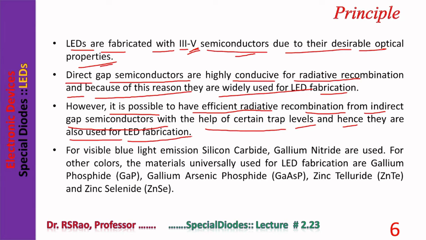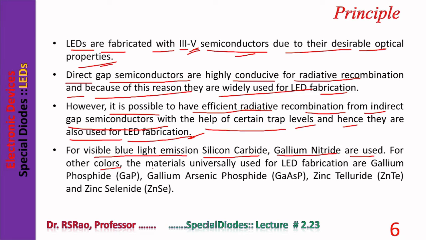So it is being mentioned here that indirect gap materials are also useful and used to fabricate LEDs. For visible blue light emission, silicon carbide and gallium nitride are used.